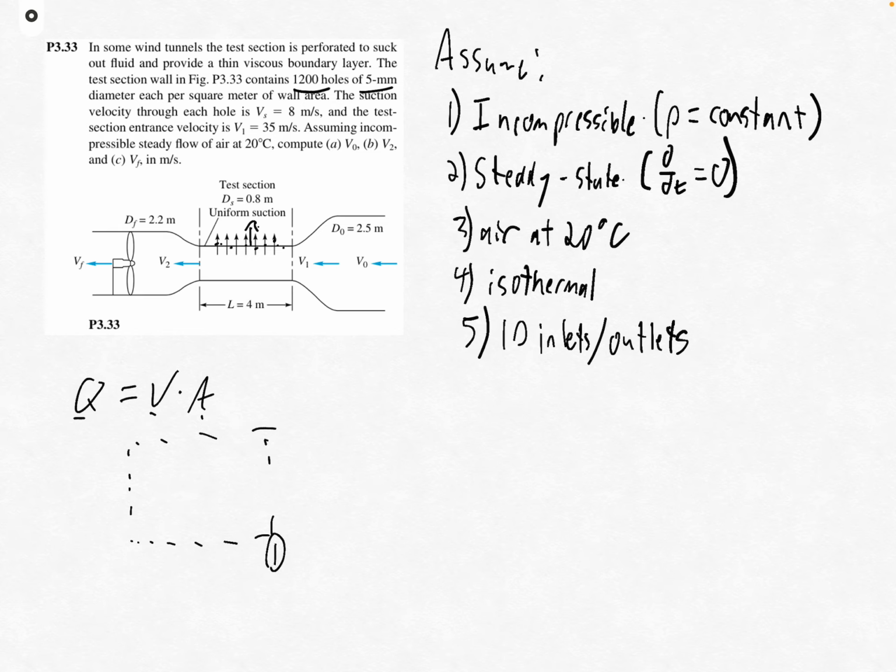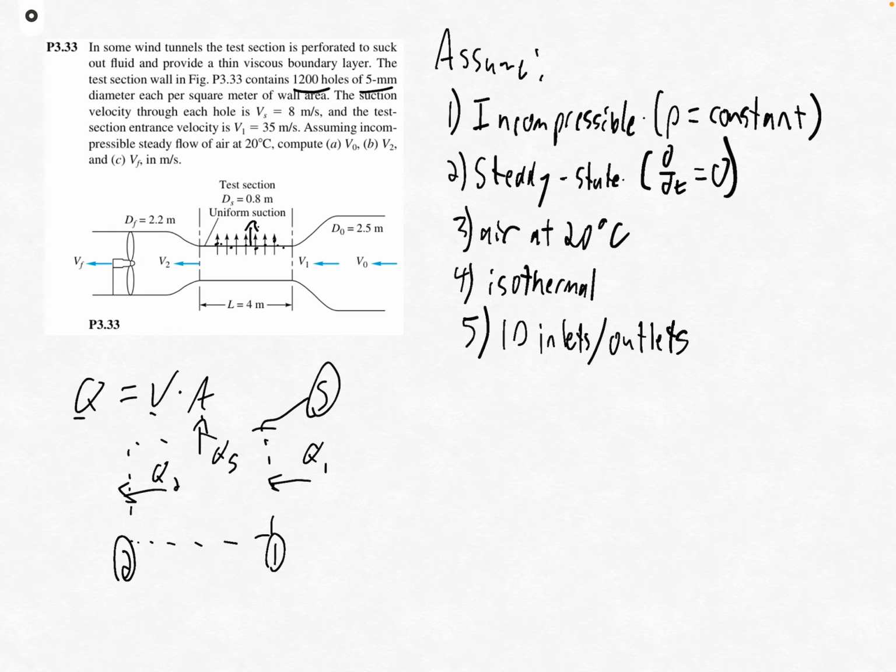This is going to be section 1, this is going to be section 2, and then up here we have this section S for suction. And we have a flow rate that's going in, a flow rate that's going out, and some flow rate here. So we're going to have Q1, QS, and Q2.